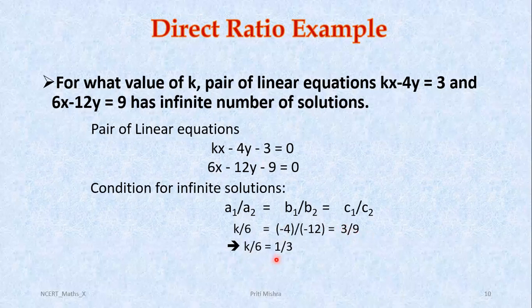So after solving this, we will have K is equal to 2 because 6 upon 3 is equal to 2. So this is the value of K here. With the help of these conditions of ratios, we can find out any value or any graphical representation. This is a very simple and shortcut method. So this was the direct ratio method.